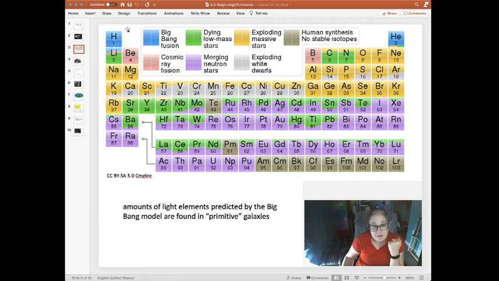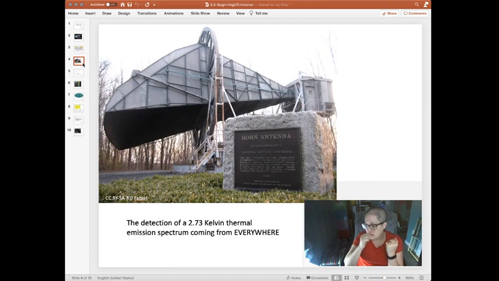The third one is my favorite. The third one involves a detection that was sort of made by accident. This particular horn antenna, which still stands in New Jersey, was used to make a detection by two scientists, Penzias and Wilson.